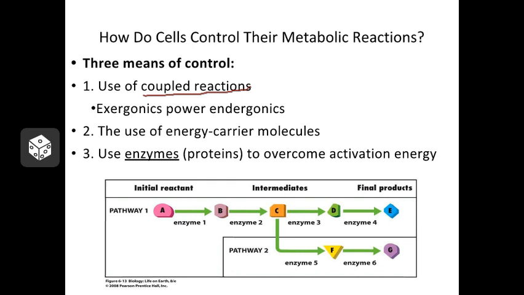Just to remind you, if you wanted to perform an endergonic reaction that requires energy, you would first have to perform an exergonic reaction, because exergonic reactions provide the energy for endergonic reactions. So if you have a metabolic pathway that is endergonic in nature, requiring energy, you can shut that entire pathway down by preventing the exergonic reactions that power it from happening.